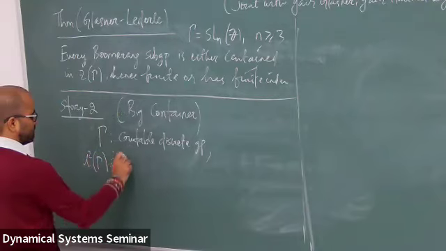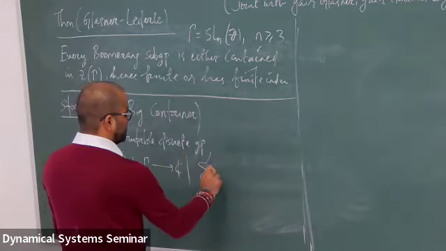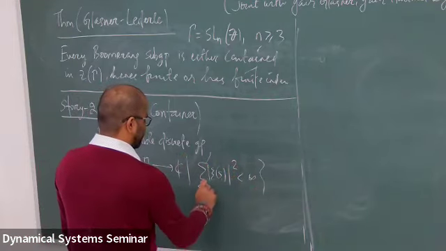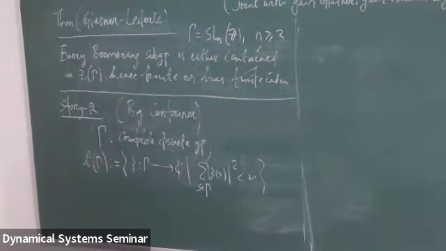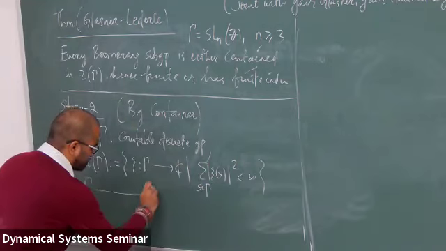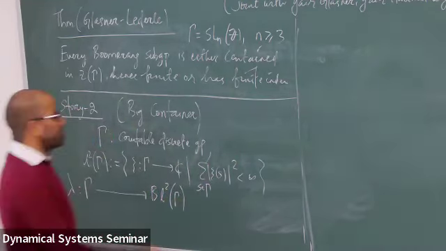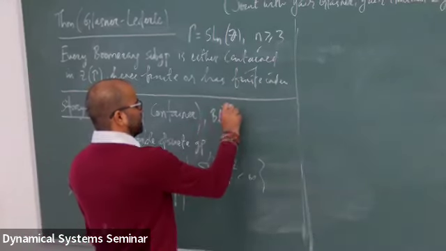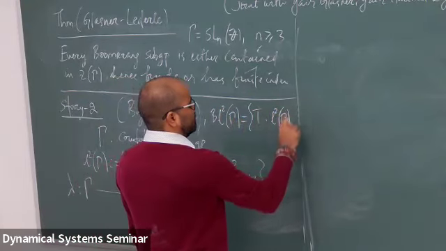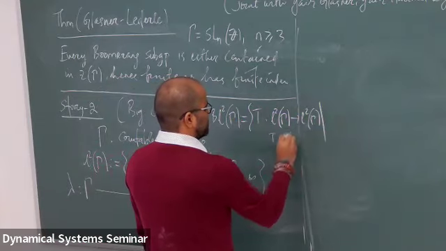So this is all square summable functions from my group to C. Now what we have is the left regular representation of my group Gamma inside B of L2 Gamma, the linear bounded maps.